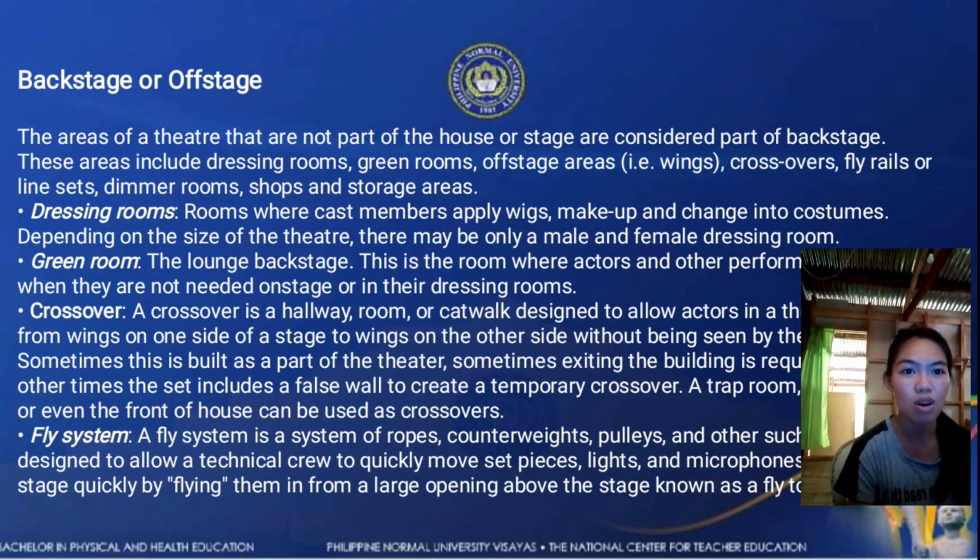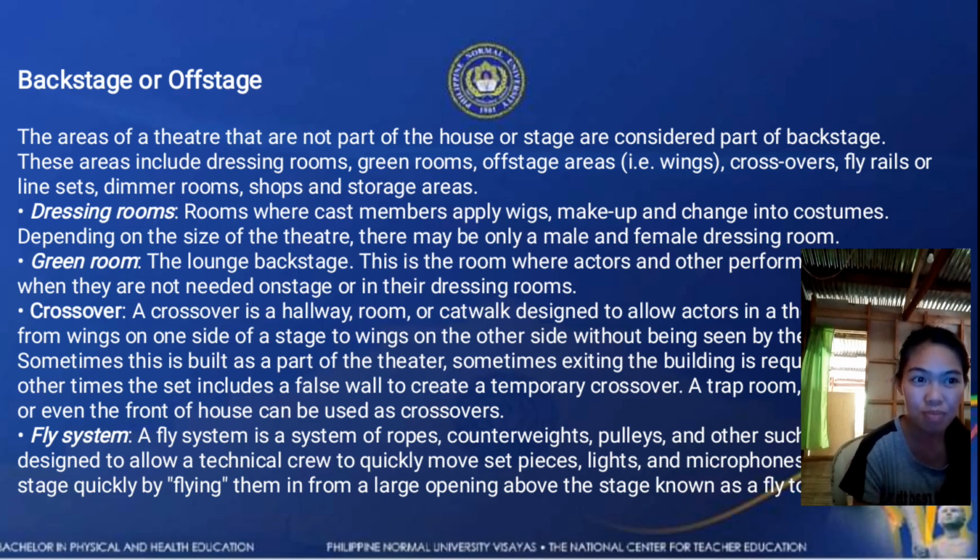Next is the crossover. A crossover is a hallway, room, or catwalk designed to allow actors in a theater to move from the wings on one side of a stage to the wings on the other side without being seen by the audience. Sometimes this is built as a part of the theater. Sometimes exiting the building is required, and still other times the set includes a false wall to create a temporary crossover.